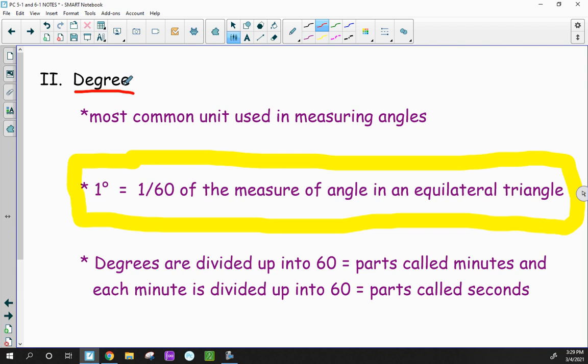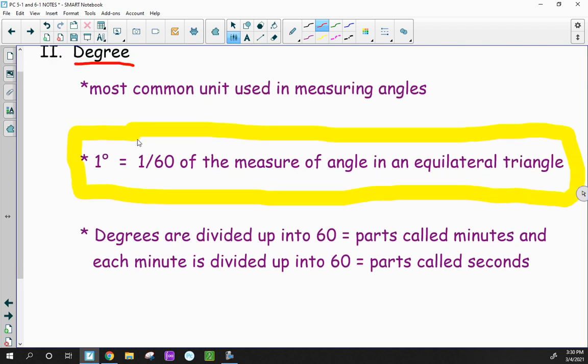Next is degree. The word degree is the most common unit used for measuring angles. And I know you've had that in geometry and you've had that in middle school as well. So degree is the most commonly used unit in measuring angles. 1 degree is equal to 1/60th of the measure of an angle in an equilateral triangle.